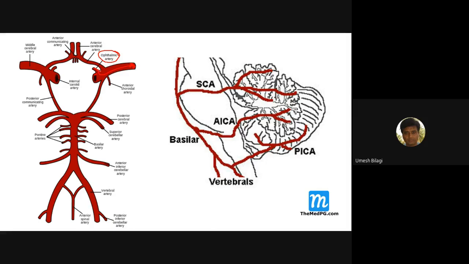There can be transient blindness, which can precede full-fledged stroke. You should remember that. A patient coming with transient blindness could be a premonitory symptom of possible stroke in future.